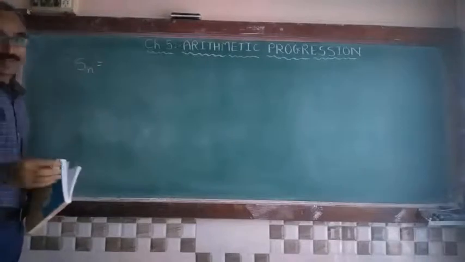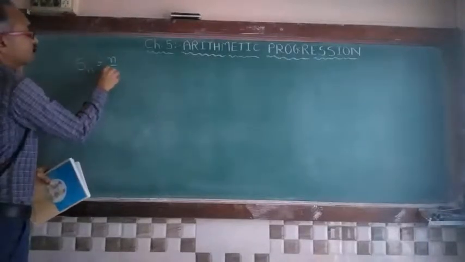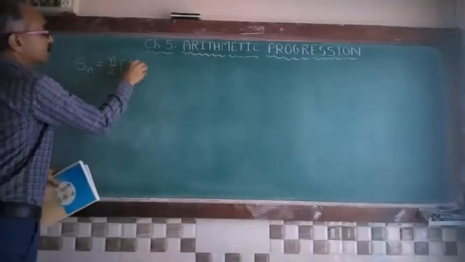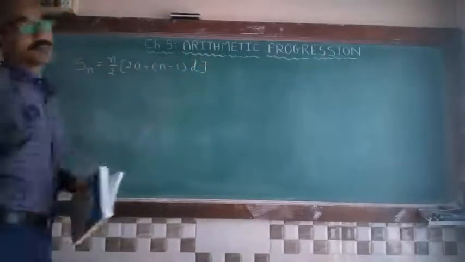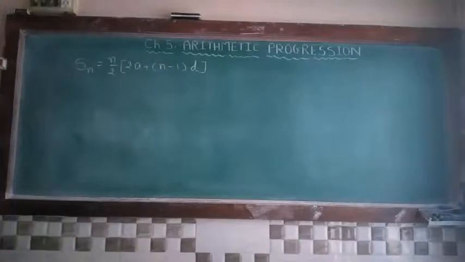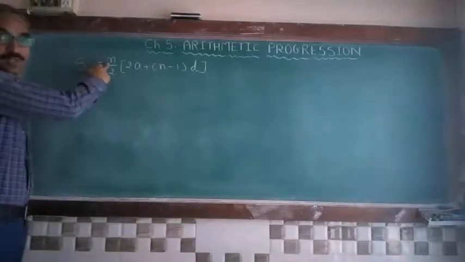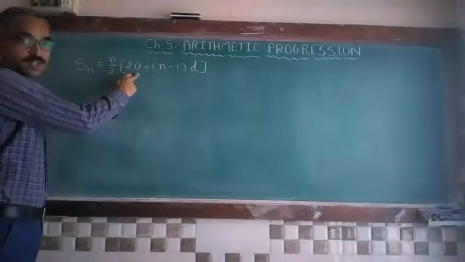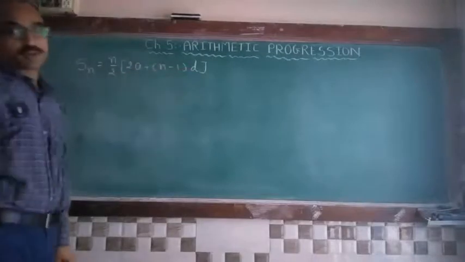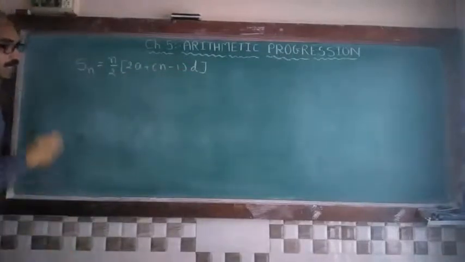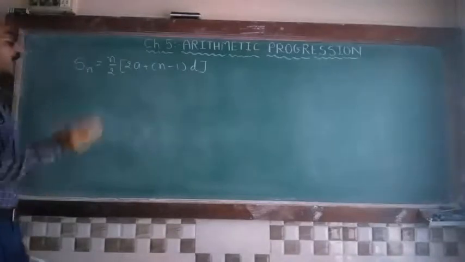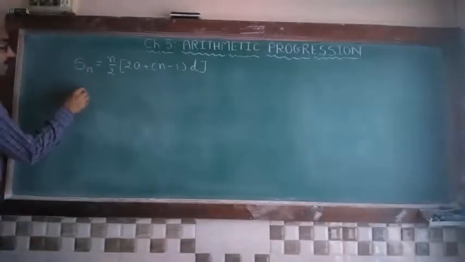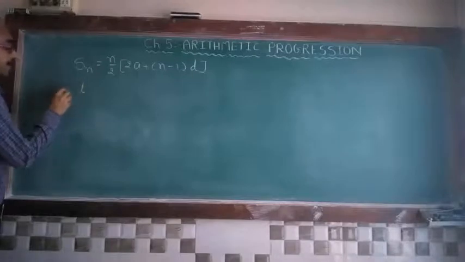Okay, so your formula is Sn is equal to n by 2 into twice a plus n minus 1 into d. This is your formula where n is equal to number of terms, a is your first term and d is your common difference. Again, if you are given the last term of an AP, then it is denoted as L, last term.